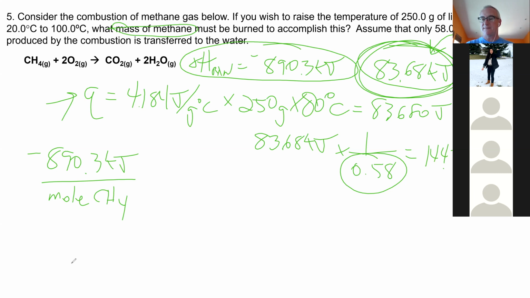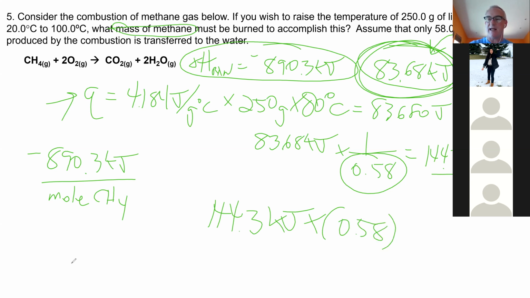This tells us how much we actually need, because what happens is that we're only going to get 58% of that, right? So we multiply how much we actually need by the efficiency that we're going to get to give us the actual amount that the water is going to receive. You see how that works?